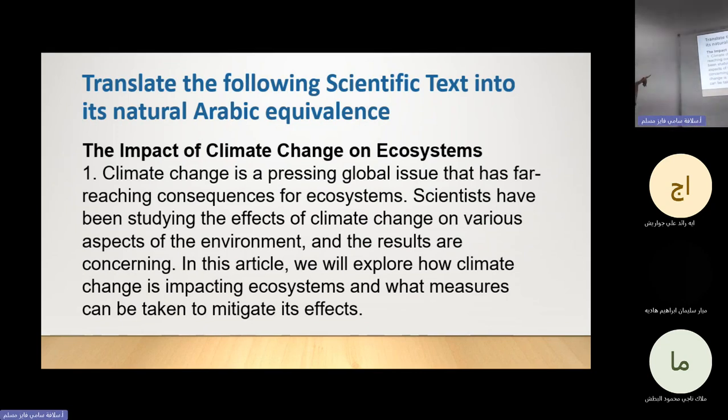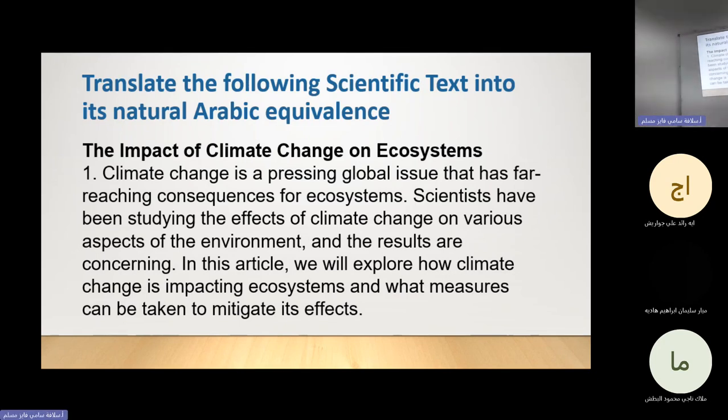So: climate change is a pressing global issue that has far-reaching consequences for ecosystems. Scientists have been studying the effects of climate change on various aspects of the environment, and the results are concerning.